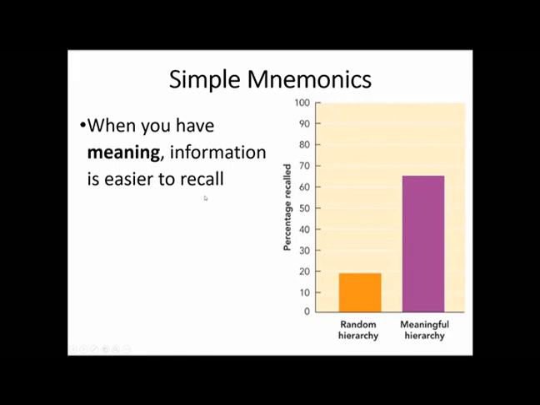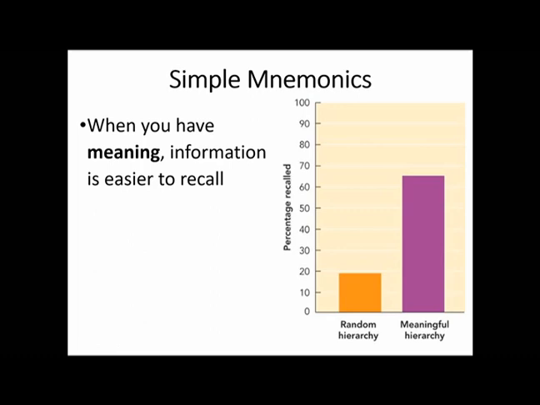And again, another graph to show how we would see this in practice. So if we have meaning to that information, it's a lot easier to recall it. So if we were given a group of words and we had a hierarchy where we could relate them, our city and then our town and then our neighborhood and then our country and then whatever, you're able to recall more words than if there's only a random hierarchy, if there isn't actually any meaning to it.